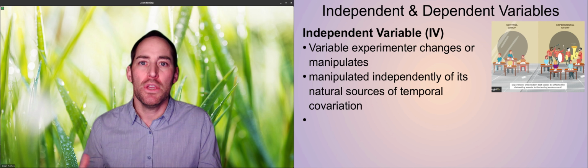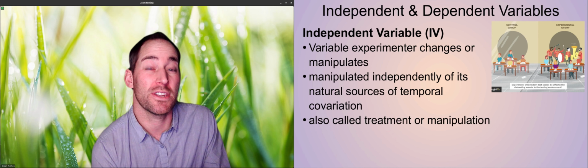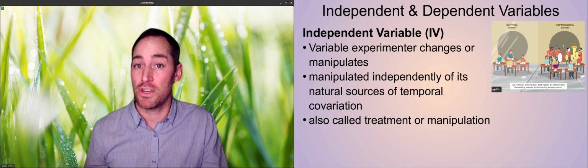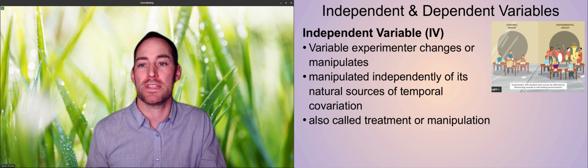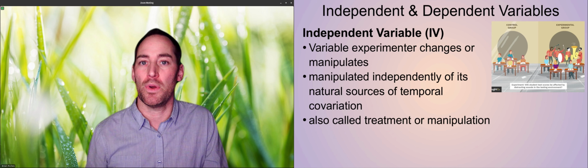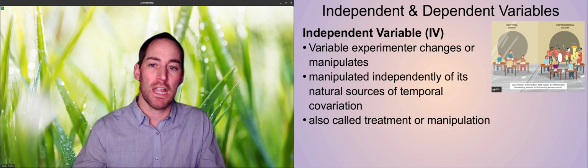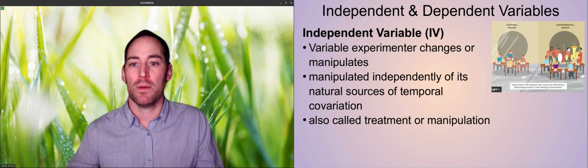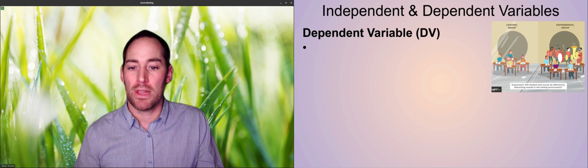So you intentionally changed it. You might also call this the treatment or the manipulation. So which one was this? The independent variable in this example is the loudness of the room. So one room was quiet, one room was loud. This is our independent variable. We changed or manipulated that variable.